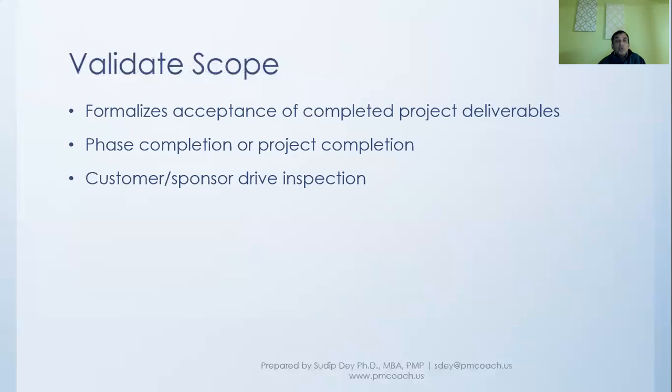It is the customer who does the inspection in the validate scope process. And like we said, the inspection can be done differently, and typically there might be some reviews, some audits, some walkthroughs, and so on and so forth. And again, I'm repeating, this will depend on the application area.